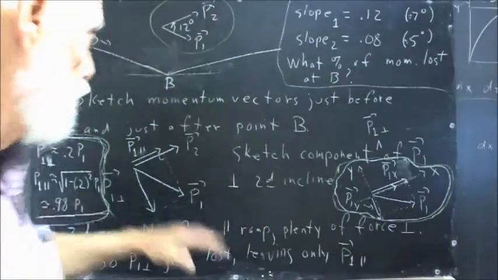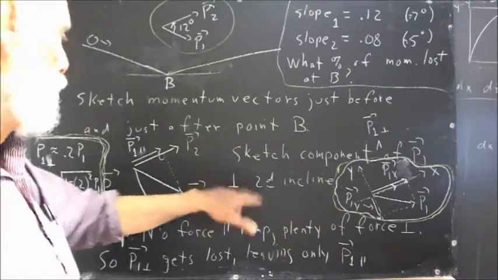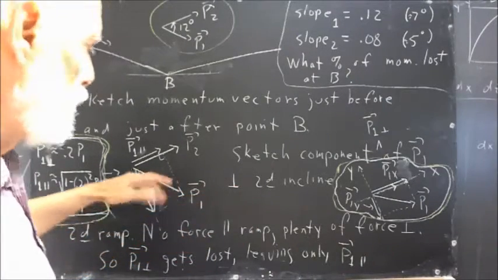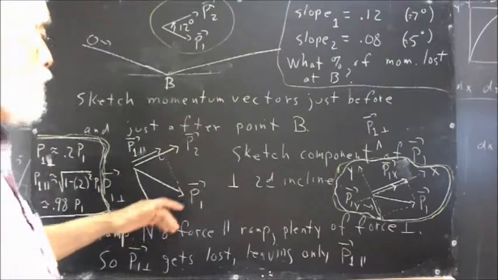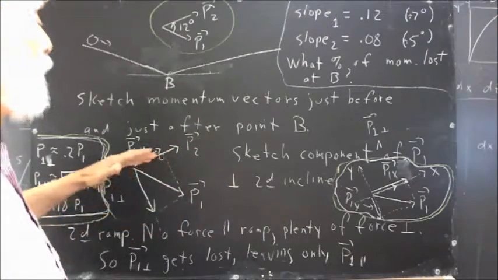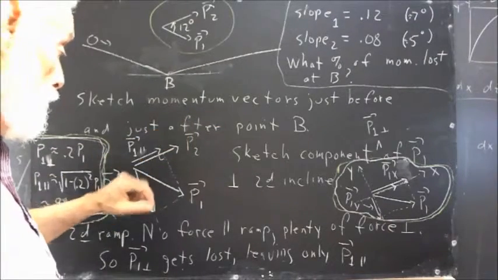Okay, well, the second incline has the direction of P2, so if we sketch the perpendicular vector, the component of P1 perpendicular to P2, we're sketching the component of P1 perpendicular to the incline, P2 being in the direction of the incline.